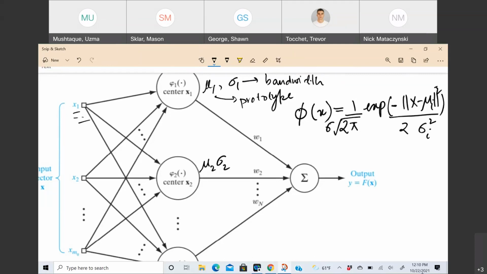So now notice this part up here. I'm calculating the difference between my X and my mu's. Those are my points or my prototypes. And this part is exponential, and so this is my entire function using which I'm computing in some ways the distance between my input and my prototype.